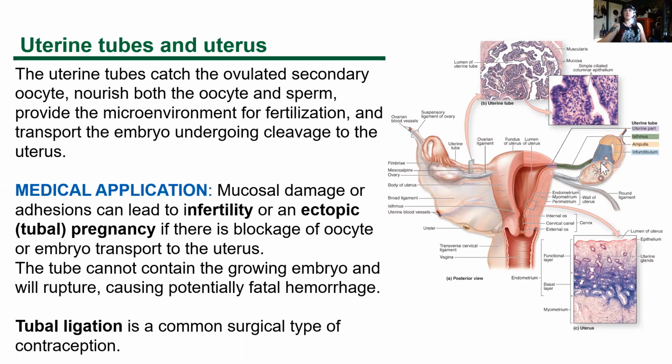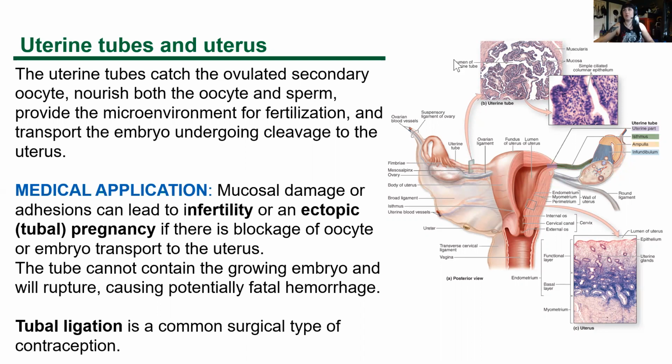Tubal ligation is essentially the same procedure that I described for a vasectomy, where you just cut the tube and tie the ends off, except the location of these tubes is much less superficial than the vas deferens. And so the tubal ligation surgery is a much more invasive procedure.